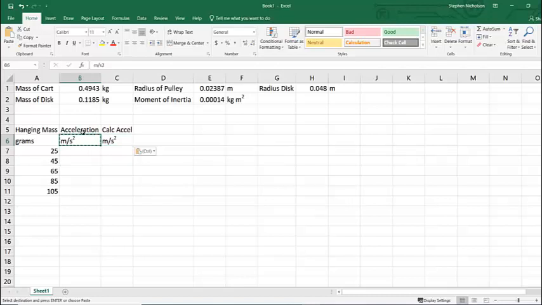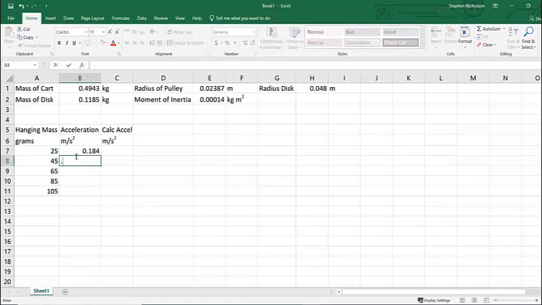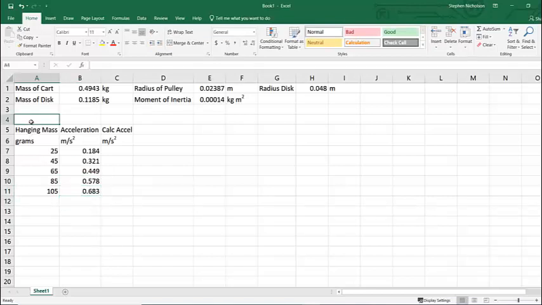So that's the calculated acceleration, the measured and the calculated. So the measured's from my data sheet, so you put your data in there. And we're going to do the one with the disk first. So let's go ahead and put some identifier here with disk.